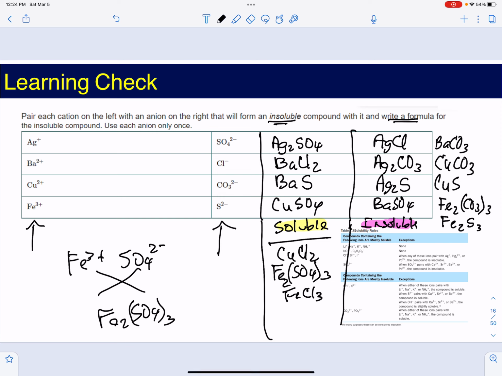So we were able to find out all the ones that are going to be insoluble by just using the table that I showed you. And that's going to be super important for the next objective when we start talking about precipitation reactions, for you to be able to decide, yes, this will be insoluble, this will be a solid.